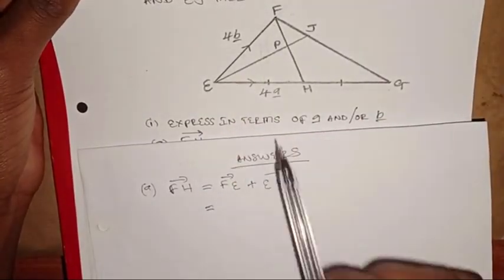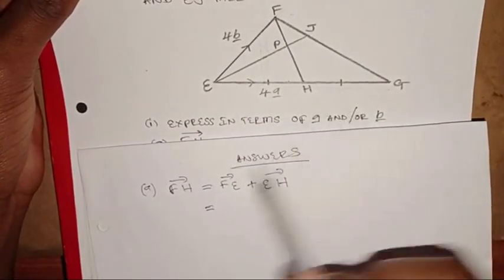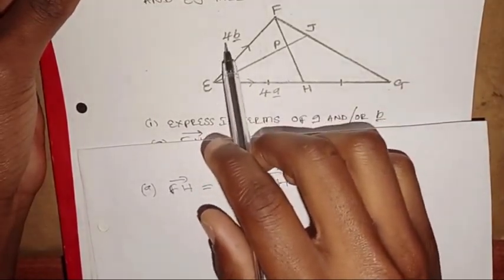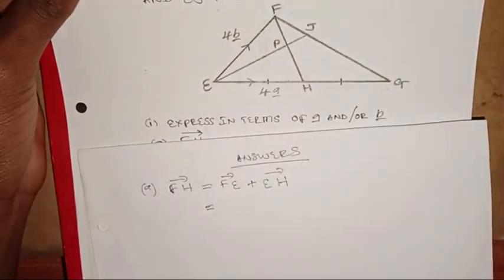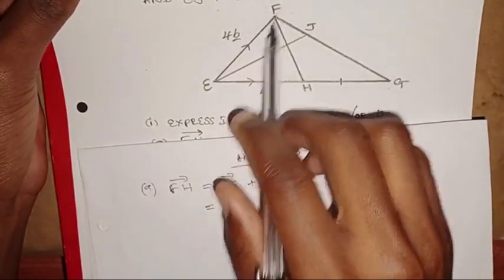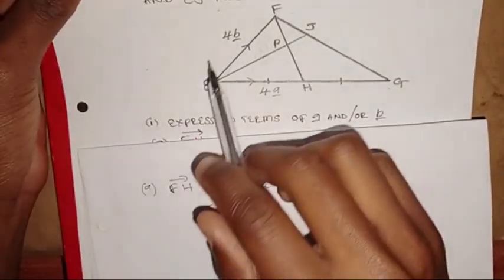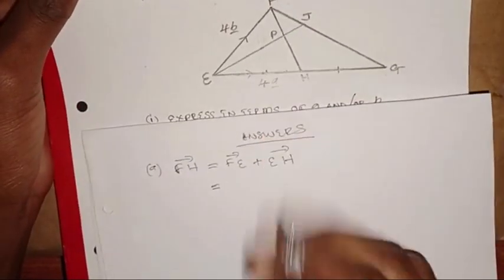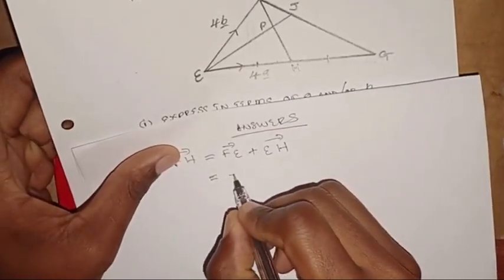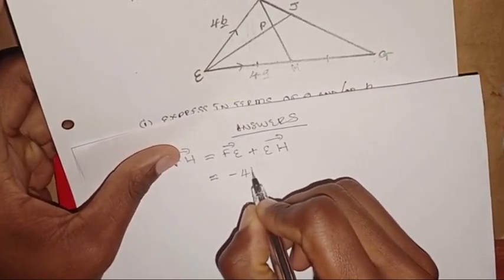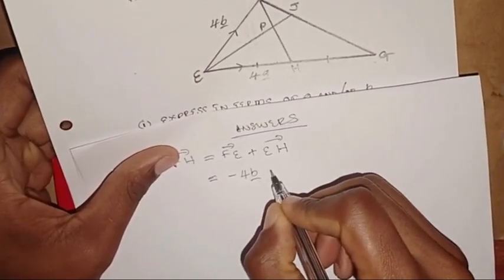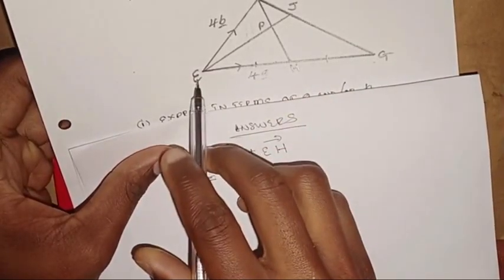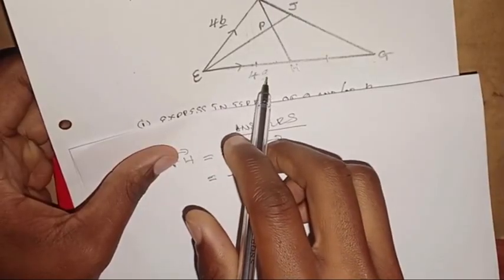Now, since we are not looking for EF, we are looking for FE, which is the opposite, from F to E, this should be negative because we are moving in the opposite direction. So instead of indicating that FE equals 4b, we're going to say FE equals negative 4b. Okay. So then we find the value of EH. As you can see, EH is 4a.